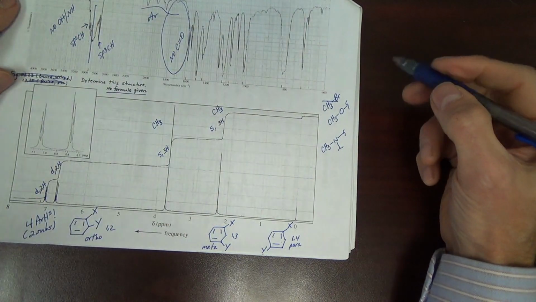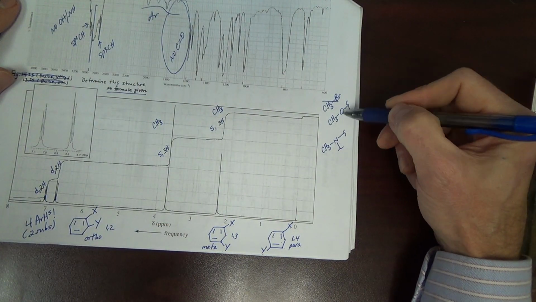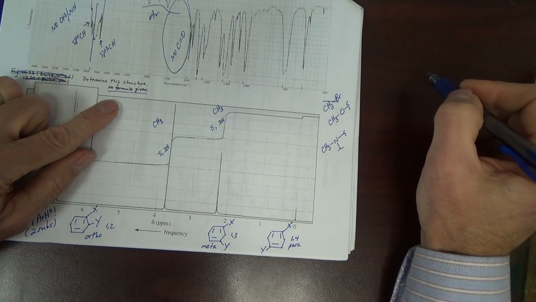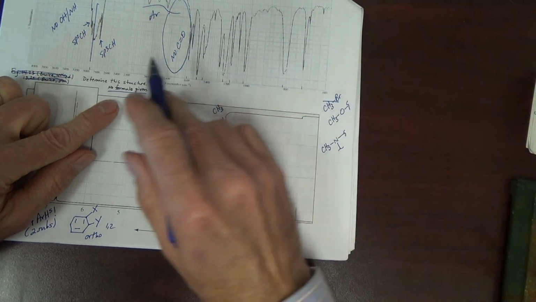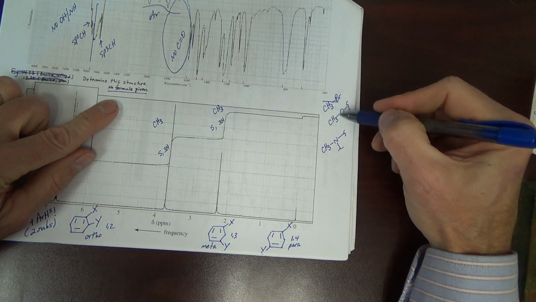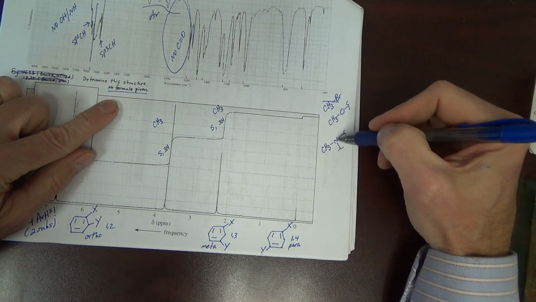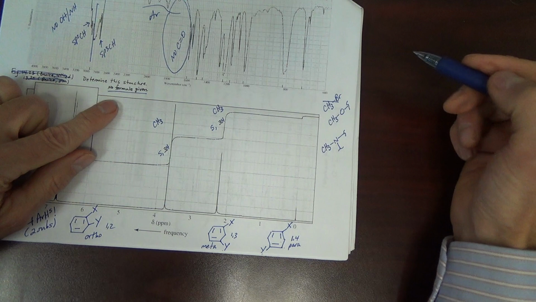It's not halogen. Can we tell which is it, oxygen or nitrogen? Well, there's no formula given. You're not going to be able to tell. This was going to end up being an ether or an amine. You're not going to be able to tell that from IR.